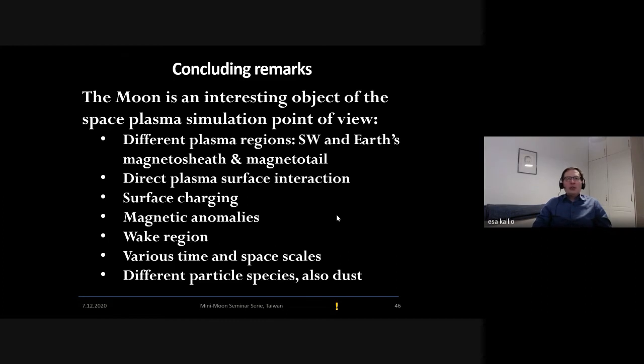It's an airless object, so there is a direct surface-plasma interaction. And of course, there are different particle species, also dust particles. It means that for the different approaches that I presented, test particles, MHD, hybrid, and full kinetic, electrostatic and electromagnetic models, this is a very nice laboratory. So thank you.